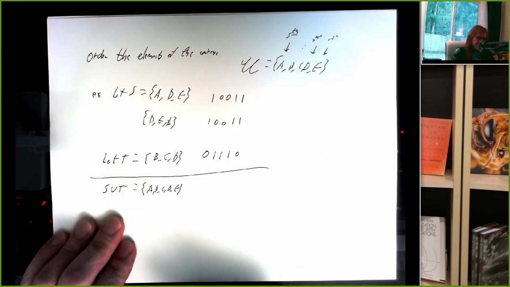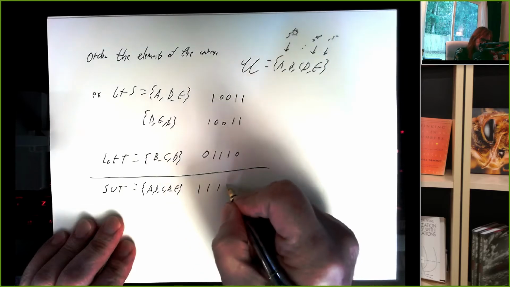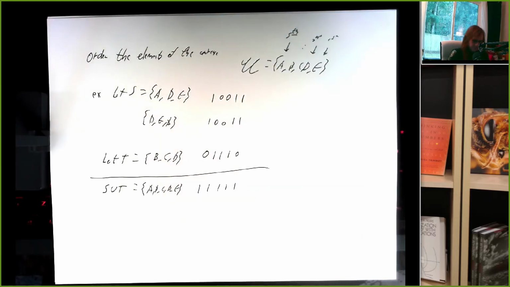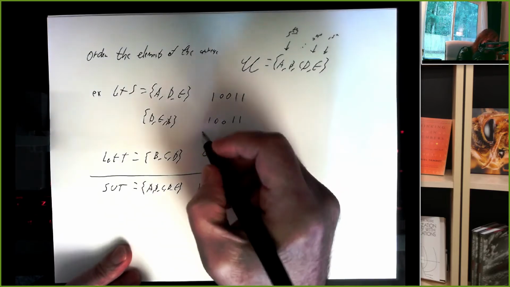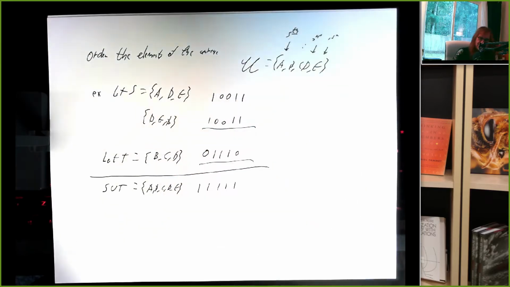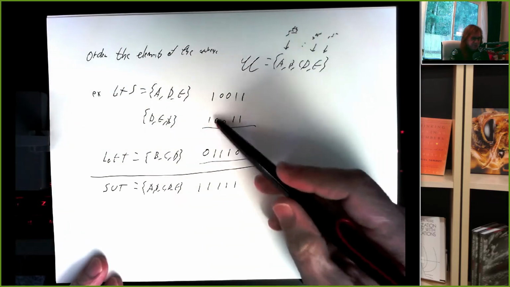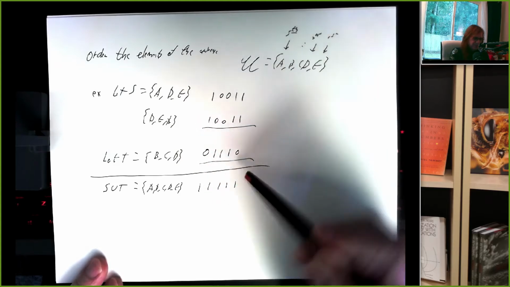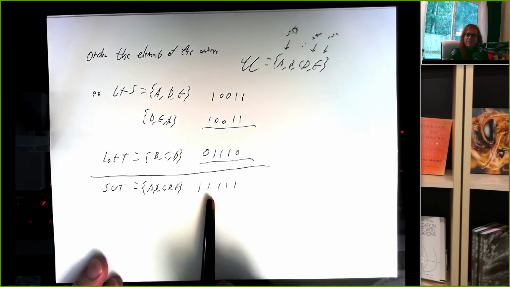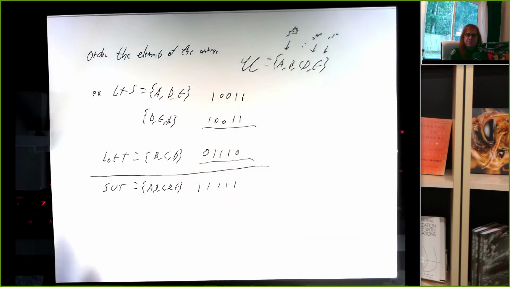Well, if I write that as a binary number, it's just 1, 1, 1, 1, 1. But guess what? If I take this, and I take this, and I logically OR them bit by bit, 1 or 0 is 1, 1 or 1 is 1, 0 or 1 is 1, 0, 1, 1, 0. This number is just the bitwise logical OR of this number with this number.